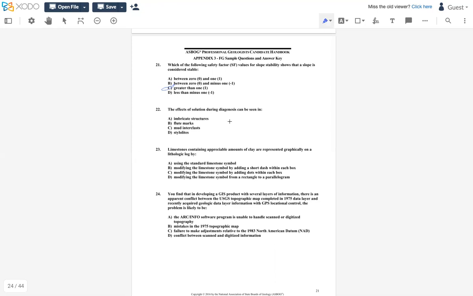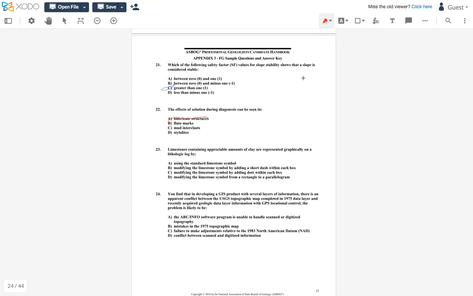Imbricate structures also refer to nearly parallel and overlapping minor thrust faults or high angle faults. So not dealing with solution. So we're going to go ahead and just mark this one out.